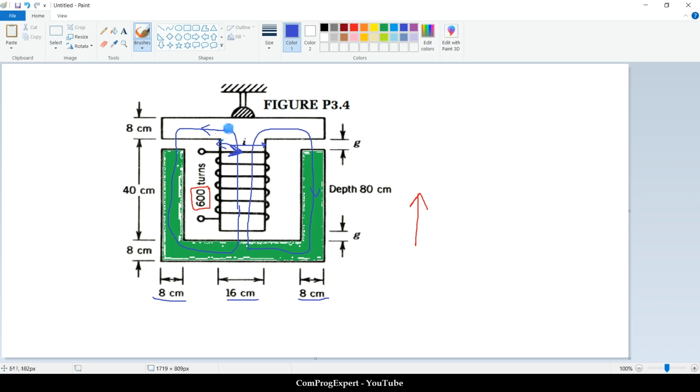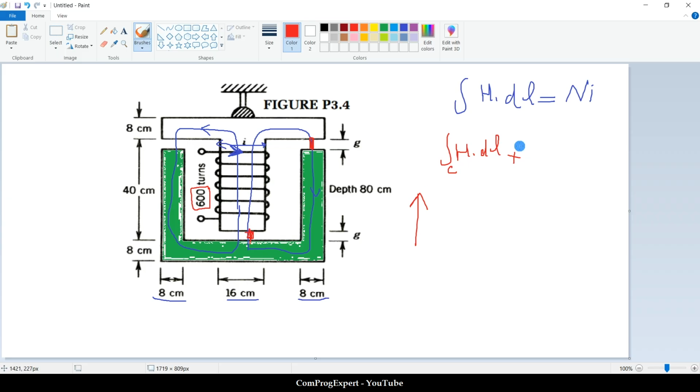1.4 Tesla. So for this flux line, you can write the integral of H dot dl equal to Ni. We have the integral of H dot dl for the iron part, the core, plus we have one air gap here in front of this flux line, and another air gap here.